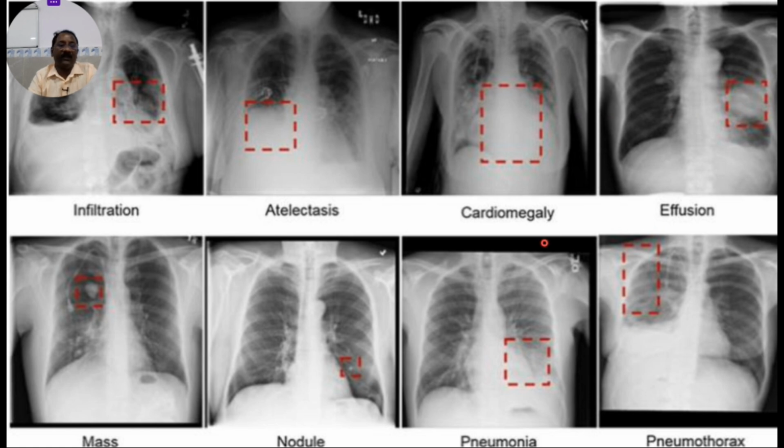See a mass. Right upper lobe mass. Here a small nodule. So see the difference between the mass and the nodule here. Okay. See here the pneumatic patch. Here, this is the pneumothorax. Okay. So these are different pathologies.